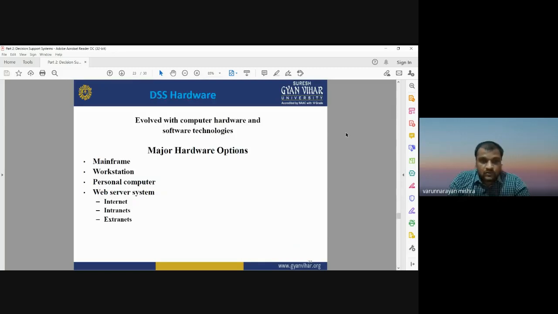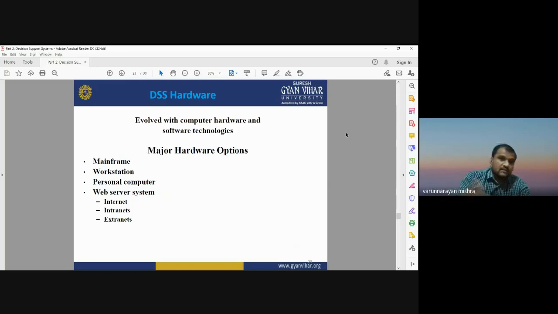Now there is also a requirement of some hardware in decision support system. Till now we have discussed the software part, but it is also important to include very good performing hardware for producing a decision support system. The hardware part of decision support system evolved with computer hardware and software technologies.